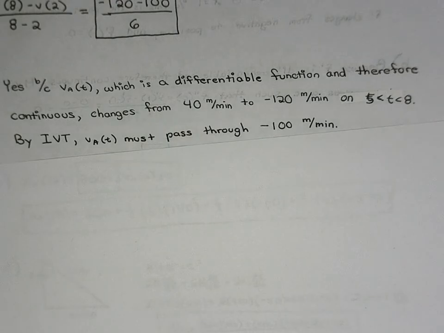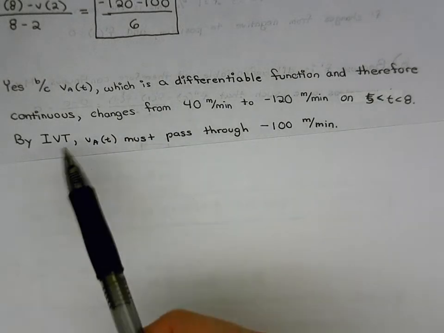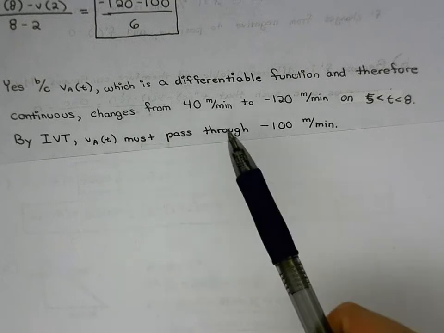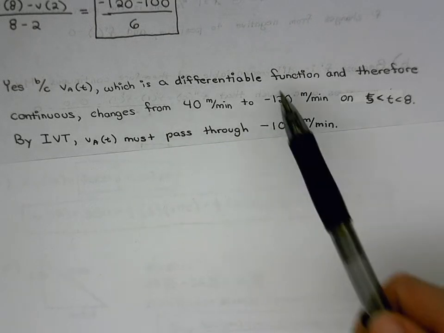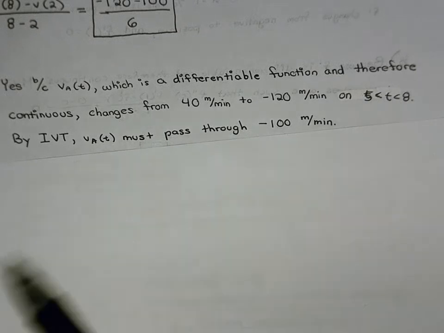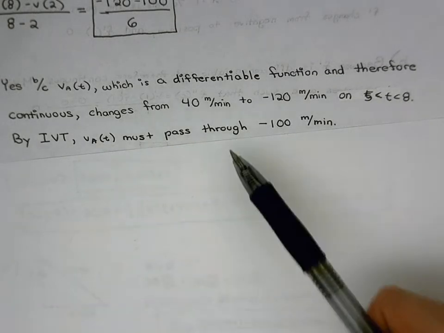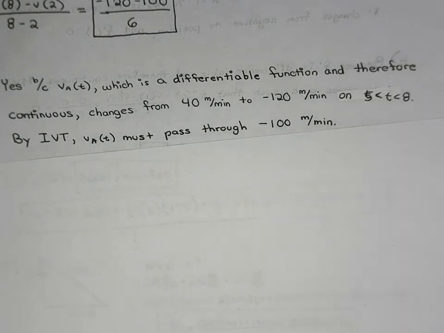The fact that it's differentiable is what allows us to guarantee it. We talked about that in Unit 7. That's a phrase you'll want to have in your back pocket when it comes to guaranteeing a point. So yes, because v sub a of t, which is differentiable and therefore continuous, changes from 40 meters per minute to negative 120 meters per minute on the interval 5 to 8. By IVT, v sub a of t must pass through negative 100 meters per minute.